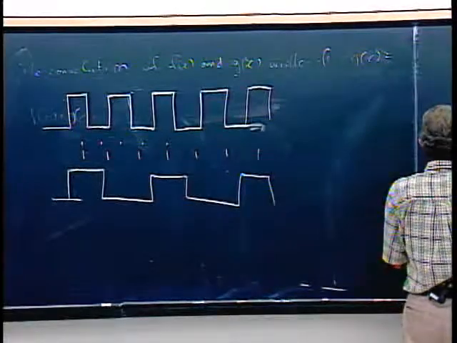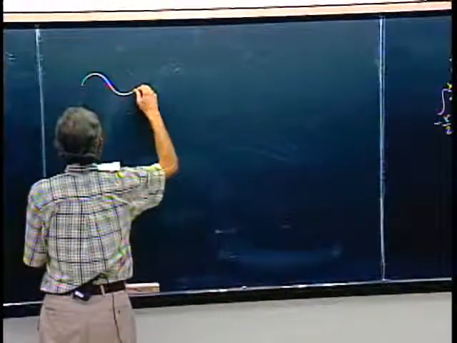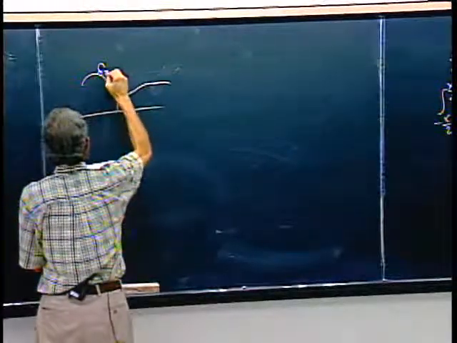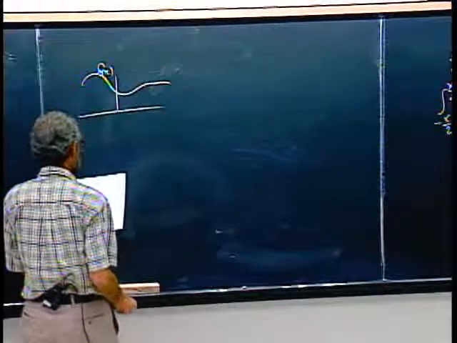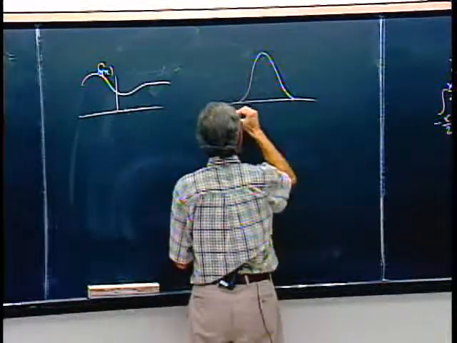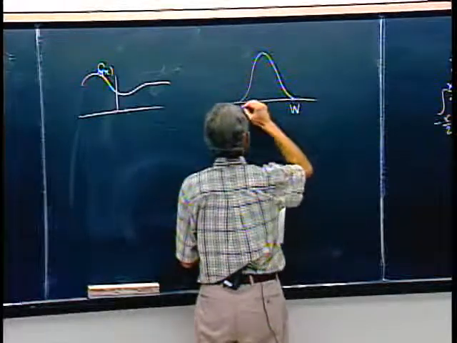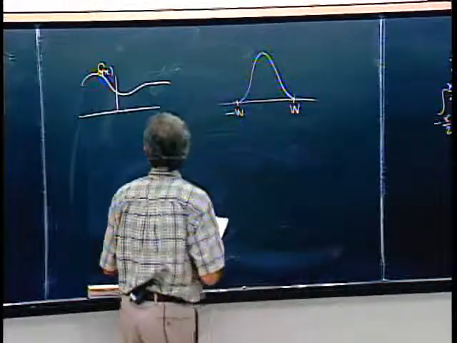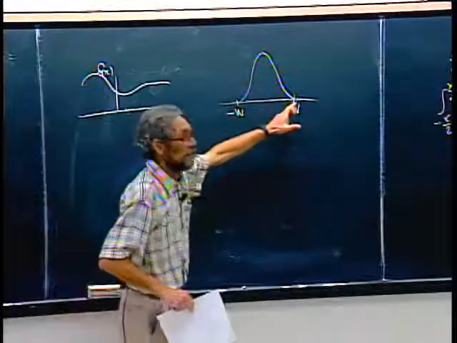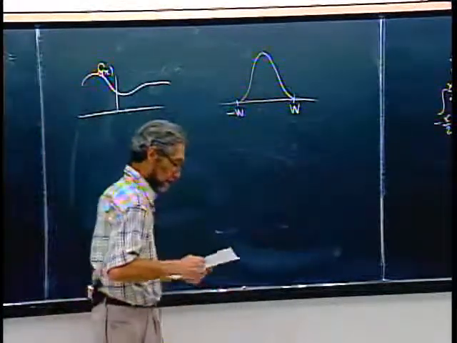But suppose we have a function here. This is our original function f of x. And it has a certain Fourier transform which goes from minus w to w. This just says the frequencies in this signal have this range.